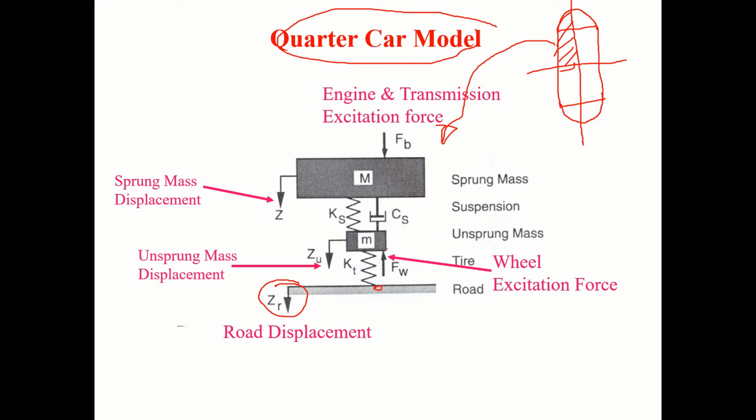Wheel excitation can be given as input here, the road displacement. Because it's a chassis wheel mounting, transmission and engine excitation is here.